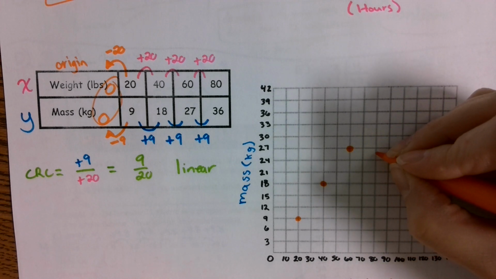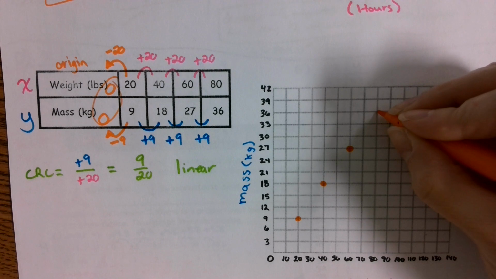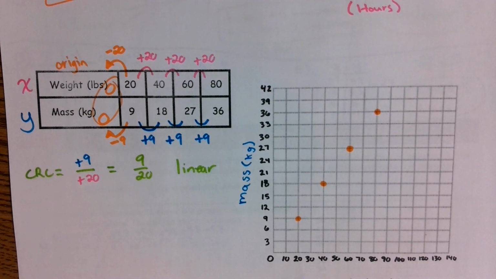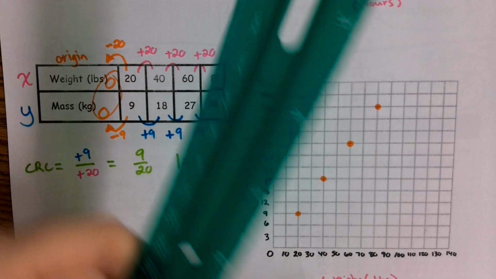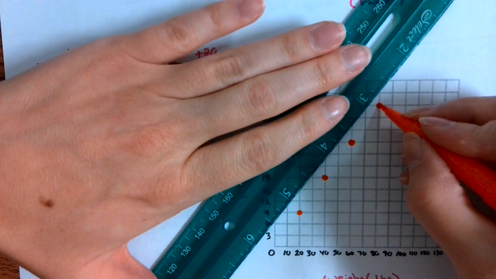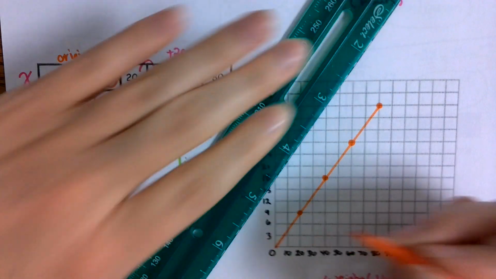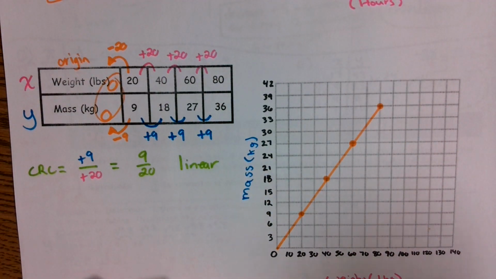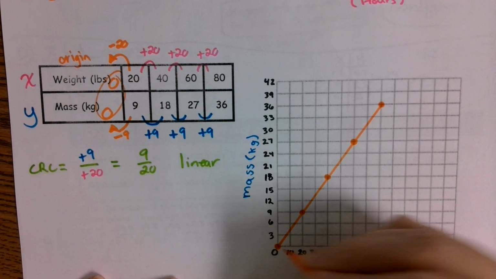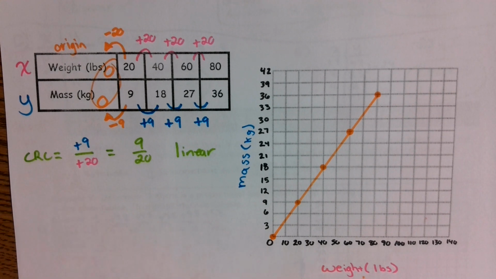And then at 80, I'm going to go up to where the 36 is. Okay, so I've graphed my points. If I connect them together, again, another important reason as to why you need a straight tool, a ruler, it will connect to the origin for you if you extend your graph.